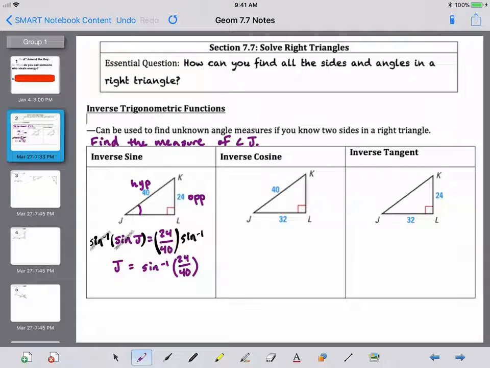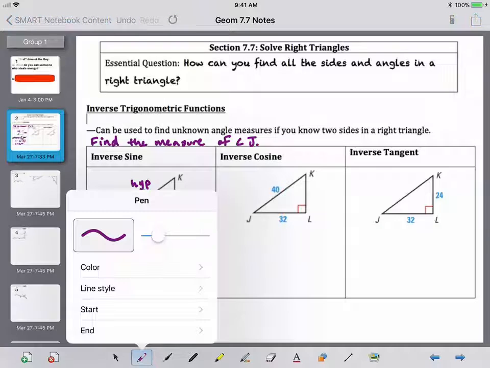To plug this into a calculator, you would push your second button, and then above sine is sine inverse, and then in those parentheses you would just enter 24 divided by 40. I really recommend that you try that. You should end up getting 36.9 degrees. Why don't you pause the video, try plugging that in and see if you get that same measure for angle J.